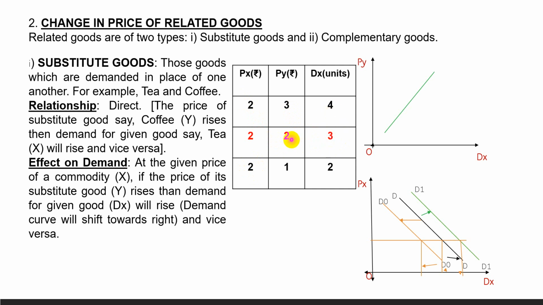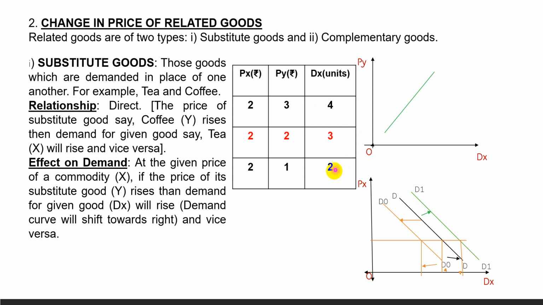Further, if the price of the substitute good falls from 2 rupees to 1 rupee per unit, then the demand for the other commodity will decrease from 3 to 2 units.